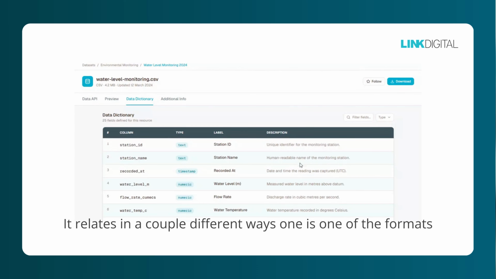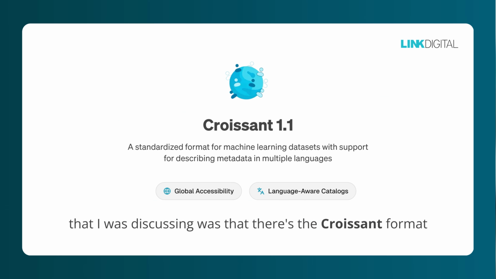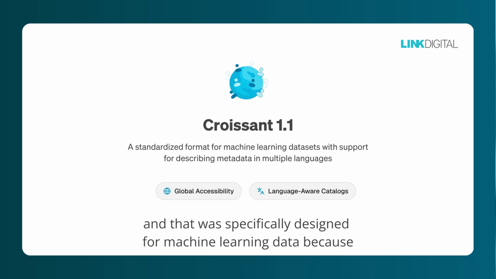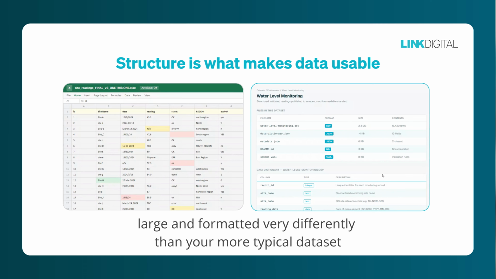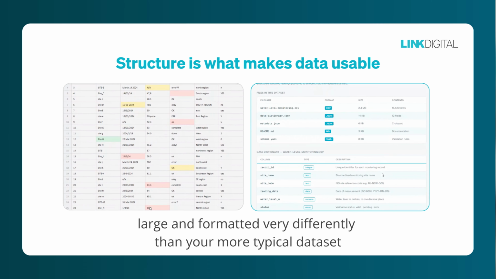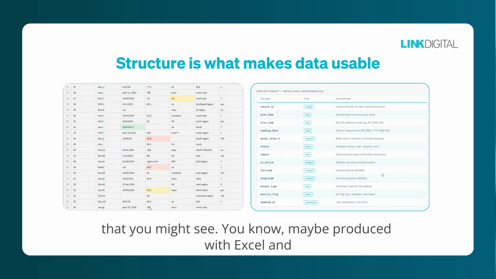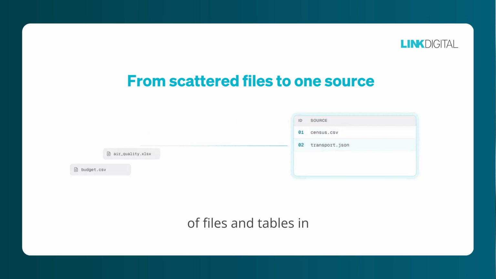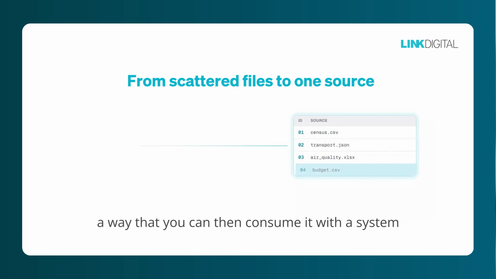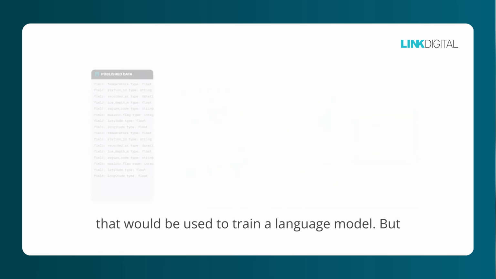Well, it relates in a couple different ways. One of the formats that I was discussing was the Croissant format, which was specifically designed for machine learning data, because that data is often extremely large and formatted very differently than your more typical data set, maybe produced with Excel. It allows you to tie together information like directories of files and tables in a way that you can then consume with a system that would be used to train a language model.